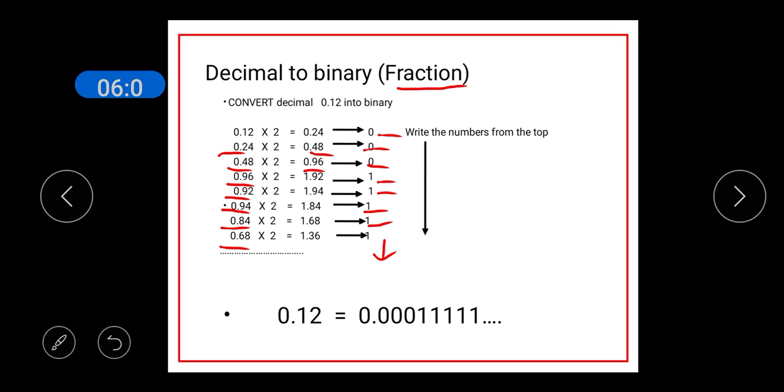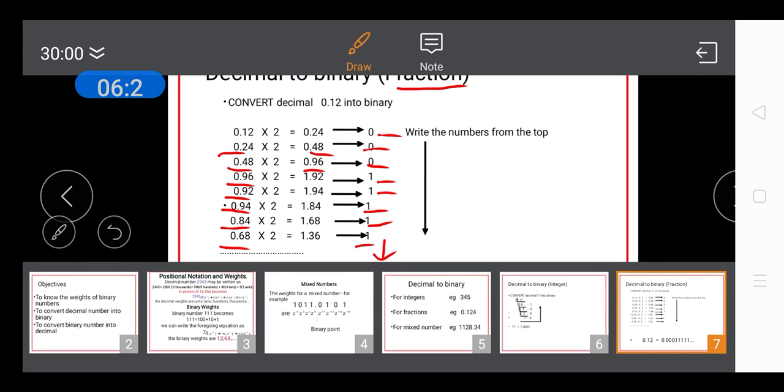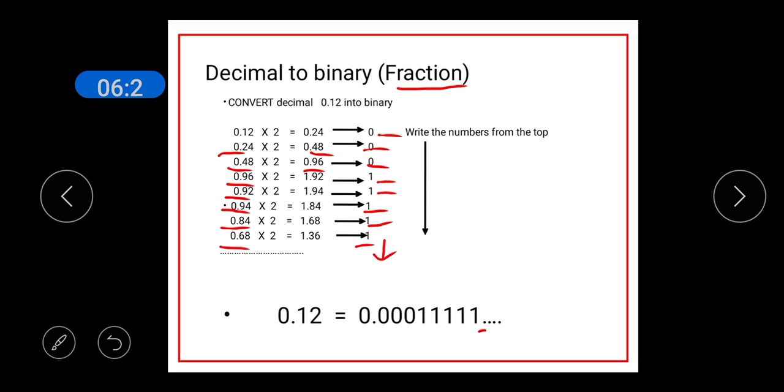If the number obtained is 0, the product is ended. If it is not 0, then you have to go on multiplying by 2, or you can stop at some point and put in the result. So 0.12 is equal to 0.0001111 and so on.